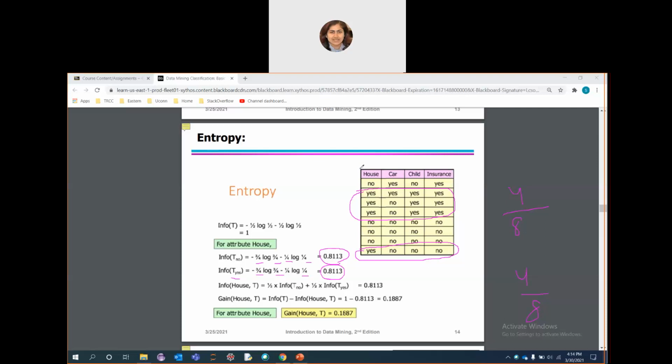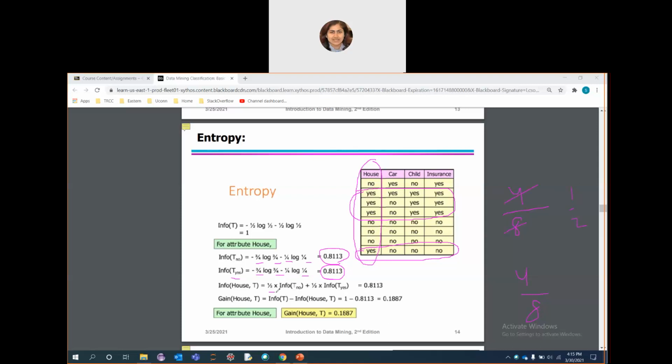Now for the overall attribute, that is house, when we try to find out the info or the entropy, out of total 8 instances, how many no do we have? We have 4. So 4 divided by 8 will be 1 by 2.